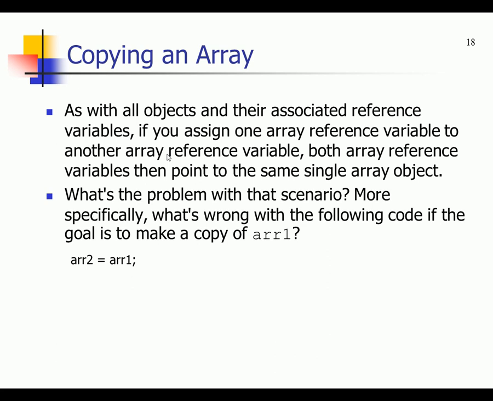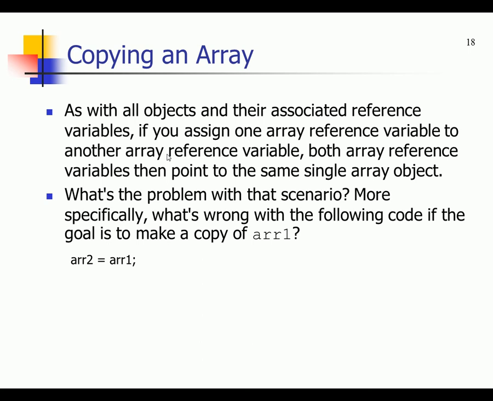Well, remember when we talked about objects, how it's really pointing to where it is in memory? So really array 1, since arrays are actually objects, doesn't store anything. Array 1 really just points to where the array is. So say that was location 5200 or something. Then array 2 is now equal to 5200. So array 2 now points to the same array as array 1. So what happens if I change data in array 2? It also changes in array 1.